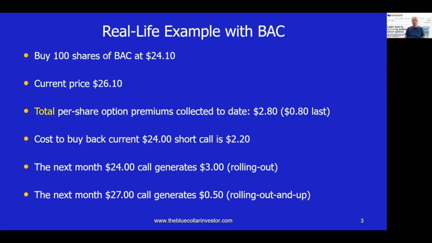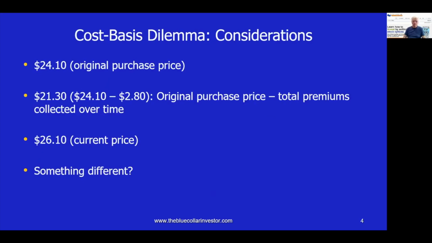That generated a premium of 50 cents. So in that case, we have a credit of 50 cents, but a debit of $2.20. So on the option side, we have a debit, but our shares are no longer worth the required 24 contract sale price because we're closing that short call. So our shares are now worth current market value, 26.10. We're going to let the calculators do all the math for us.